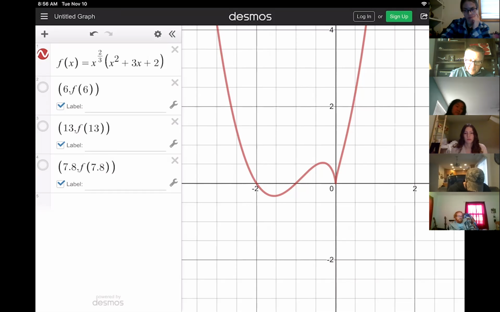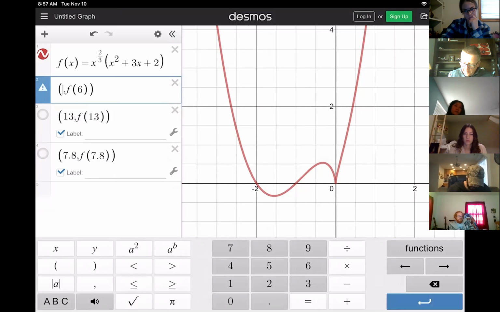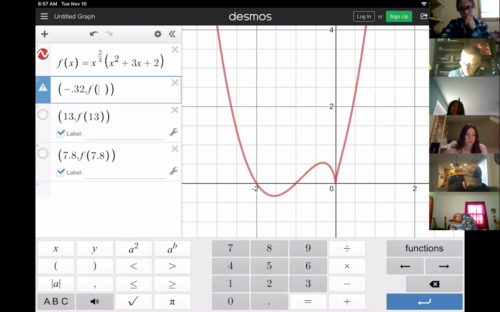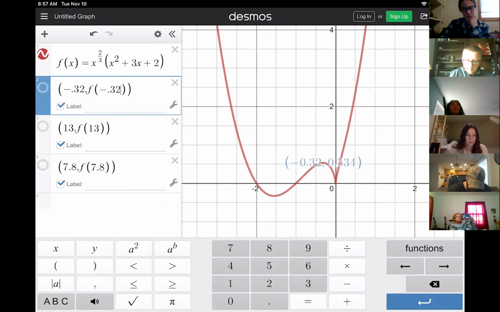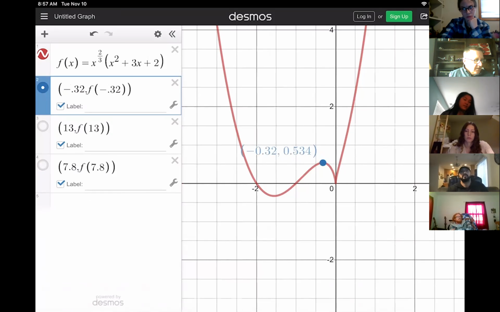Let me stick those points into the graph that I just stuck on there a second ago, while you're staring at it, thinking, why is that? So that was clearly one of our zero slopes, and the other one was at negative 1.55.